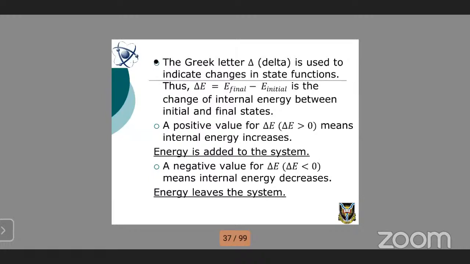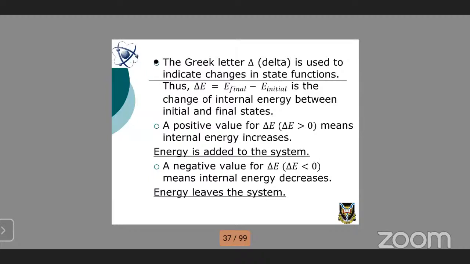For example, delta E is the E final minus the E initial. That is, you are subtracting your E initial from your E final, and this is the change in internal energy between the initial and final states.